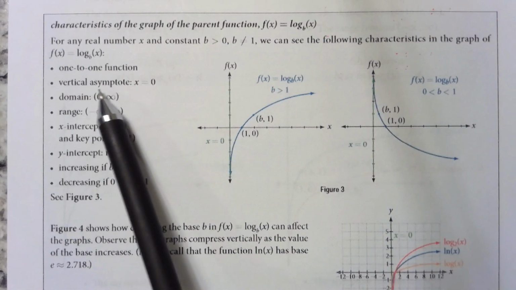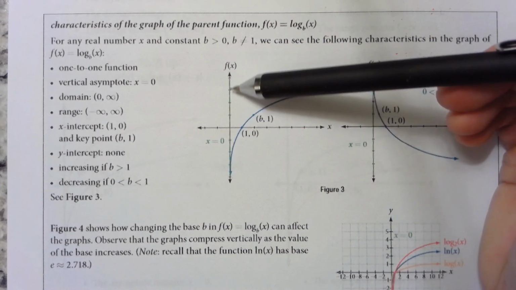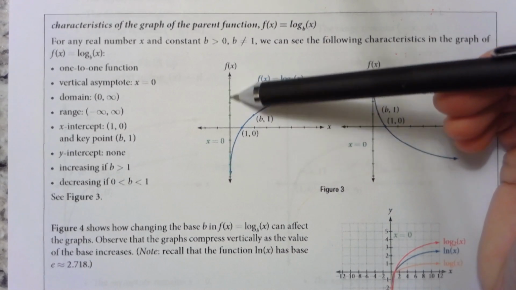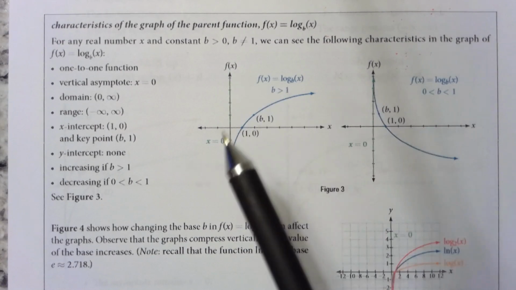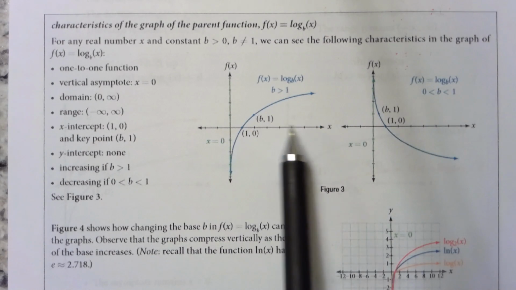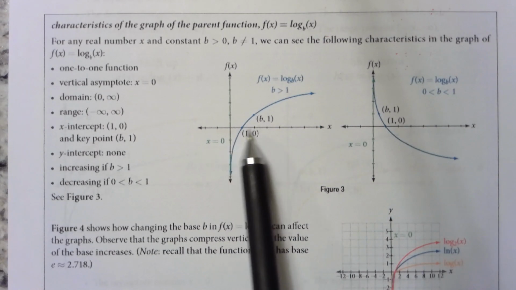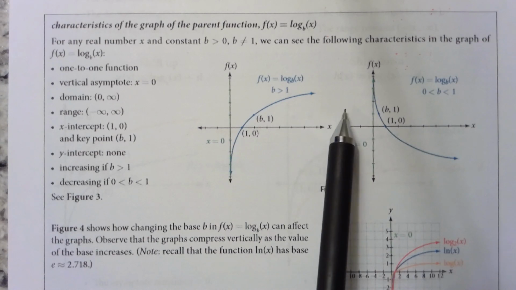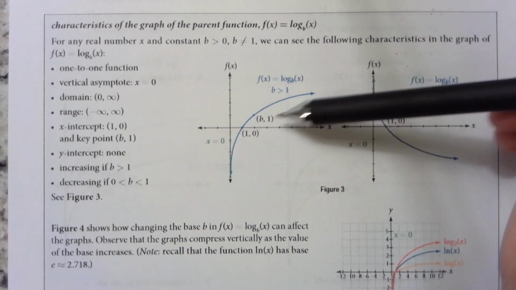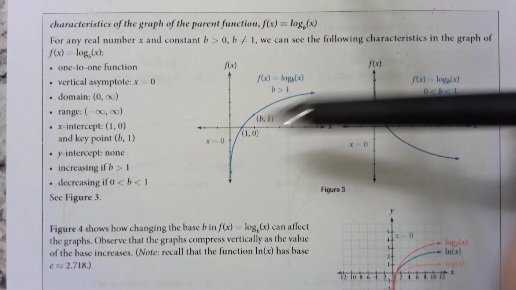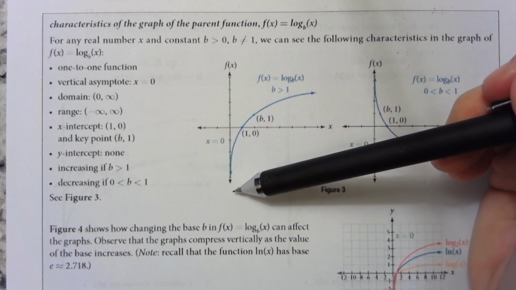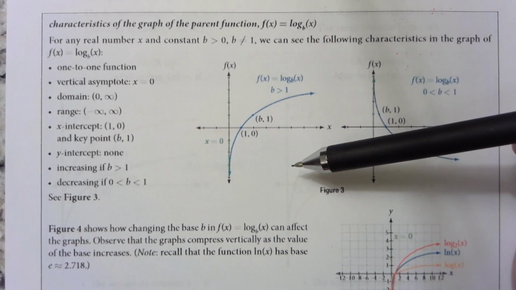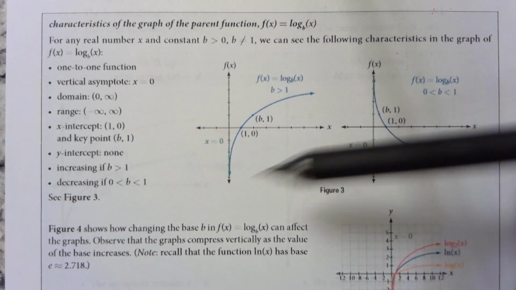It has a vertical asymptote at x equals 0. That's this line right here. The domain, remember those are your x values, would be 0 to infinity, but it does not include 0. The range is everything because it keeps going up and it keeps going down. So that means it covers all of the y values.